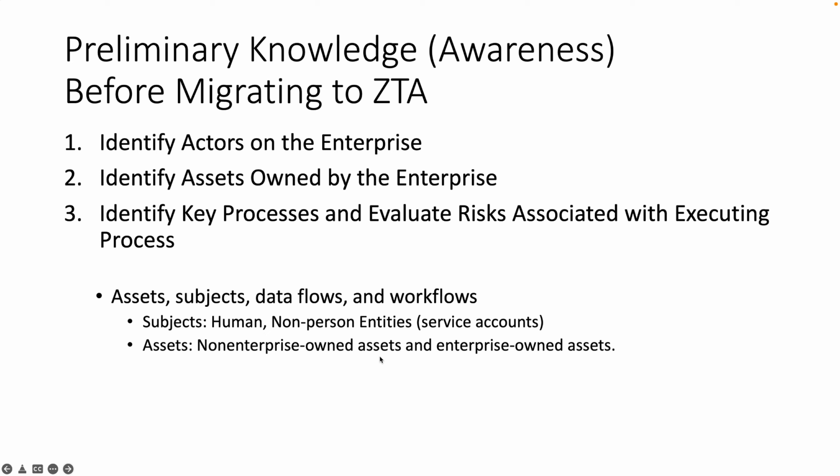All these assets should be taken into consideration as long as they're in the enterprise network or they can access enterprise resources. This awareness forms the foundational state that must be reached before a zero trust architecture deployment is possible.